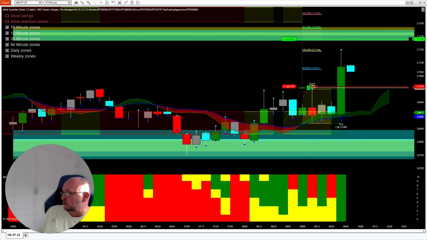We can see on another screen now, Nasdaq did get a little bit of momentum to the upside, but it's pulling back down again.